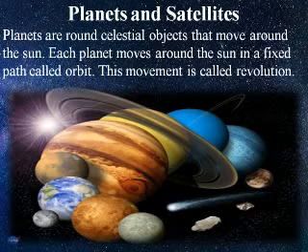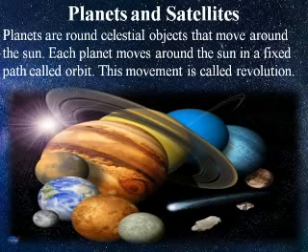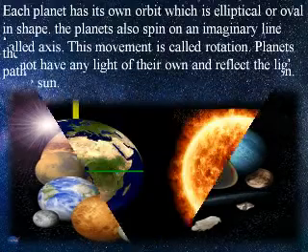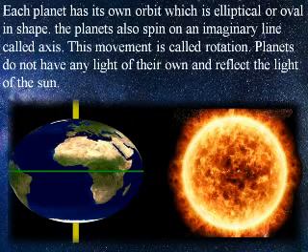This movement is called revolution. So, the planet moving around the sun is called revolution. Each planet has its own orbit which is elliptical or oval in shape.